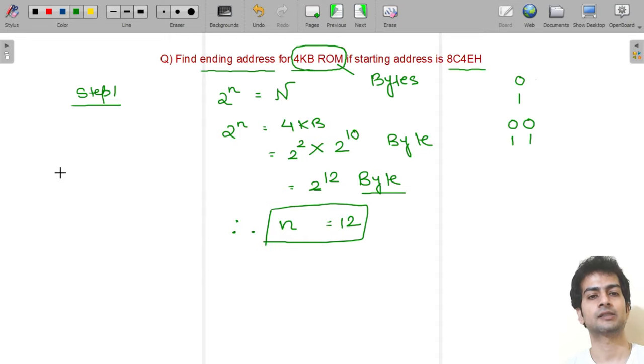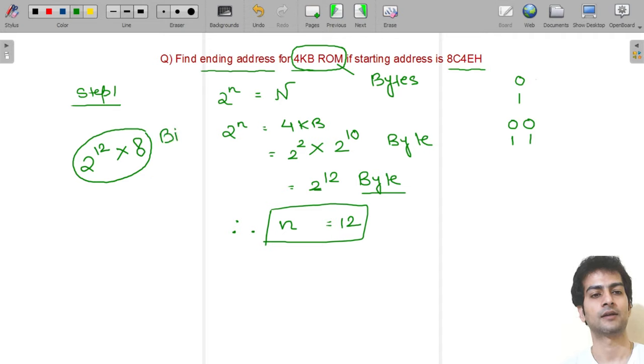In GATE you will get a question where the capacity is given like this, and nothing will be written, bit or byte, but we should know that this is in bits.